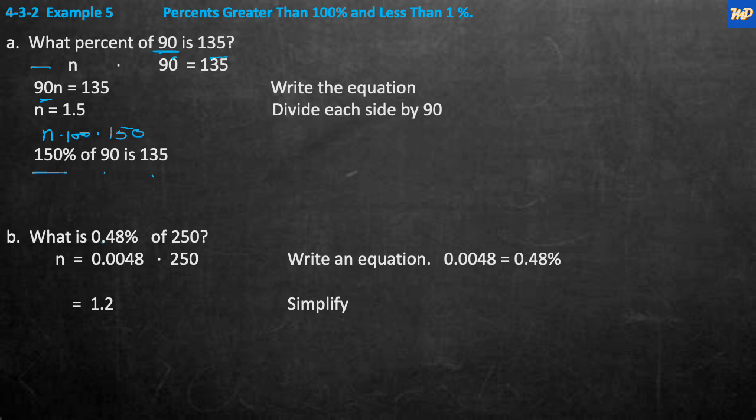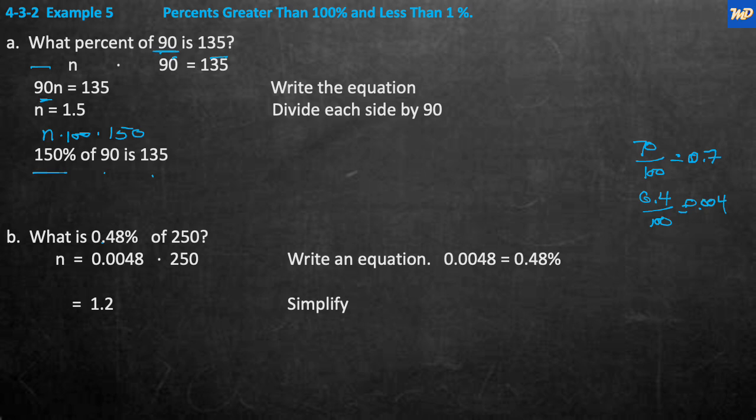Because you remember when we said 70 over 100, that's equal to 0.7. But if it's 0.4 over 100, it's equal to 0.004. You got to add those extra zeros in there, right?